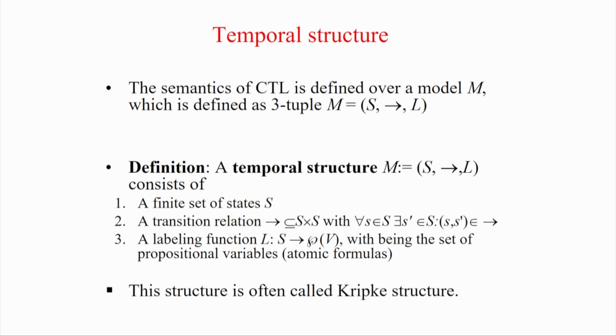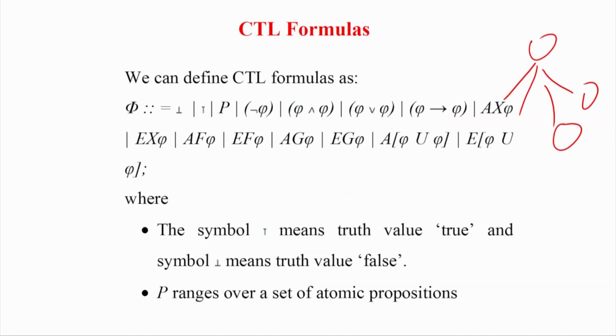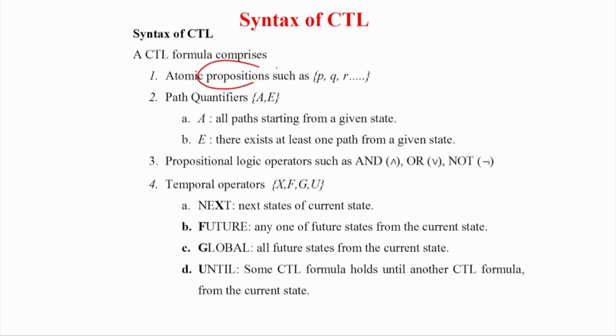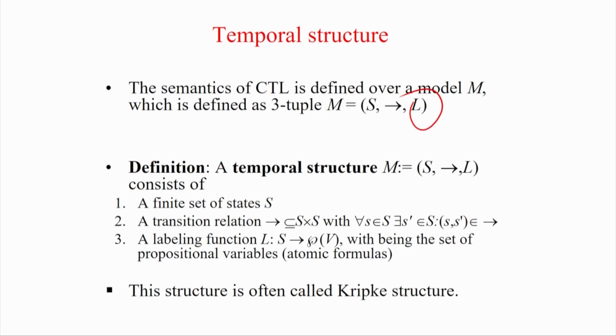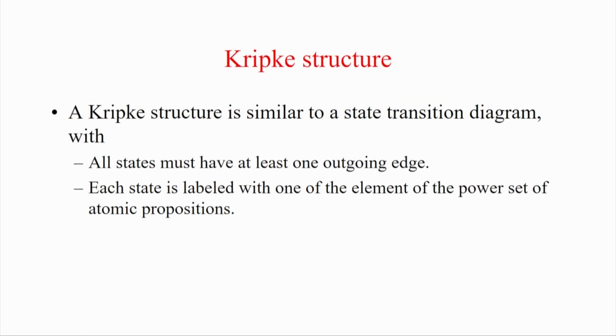Just like any finite state machine you will have states and transitions, but along with them each state has labels of atomic propositions, like it's raining, it's good, heating on, and so on. That means all these atomic formulas are true in that state. So basically we always try to write in atomic form, because after that you can use the logical operators.